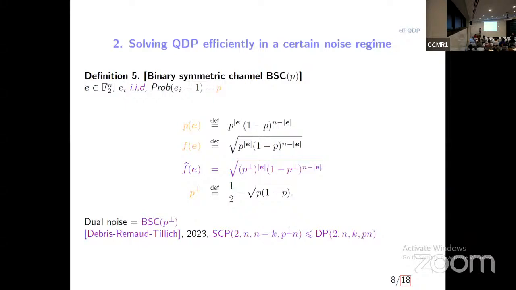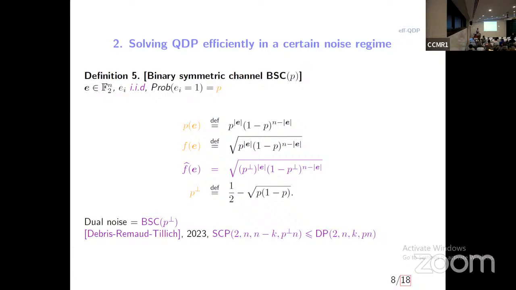If you look at the Fourier transform of this, it can be checked that you get exactly something which is related to the initial probability distribution, but which is a P orthogonal, which has some other expression, which is this one.